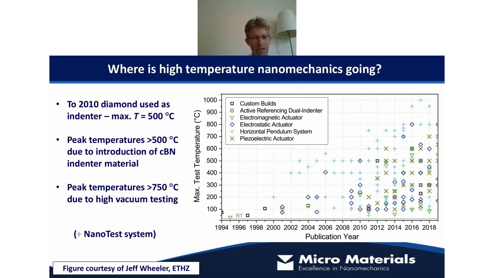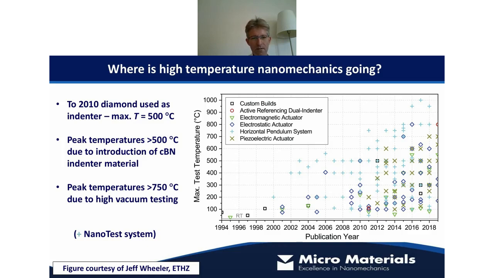It almost looks like a fairly linear increase, but if you study it in a little more detail, up until about 2010 that maximum temperature was really limited to about 500 degrees due to using diamond. In fact, the only result over 500 degrees was a micro-indentation result, where presumably they did get some tip wear. They ran in reducing gas, but presumably they weren't as worried because they were indenting so deep.